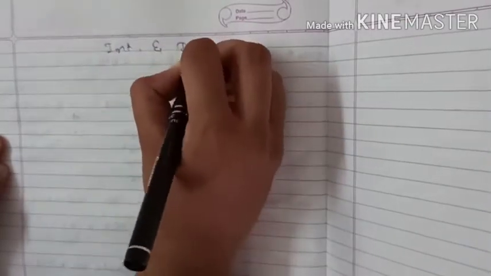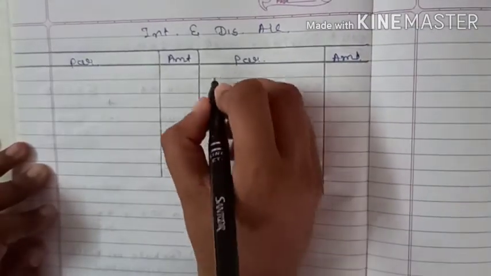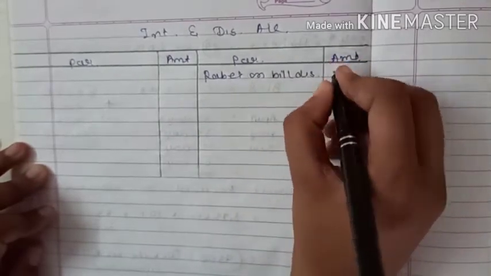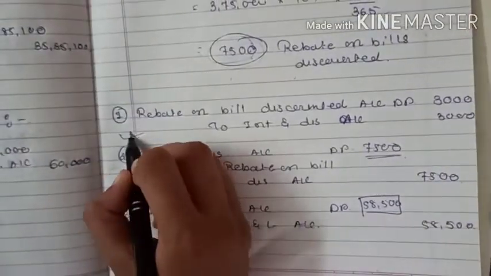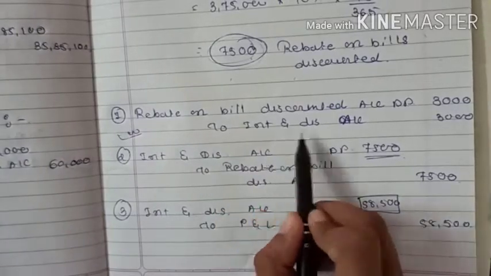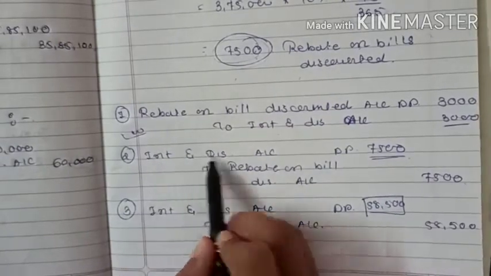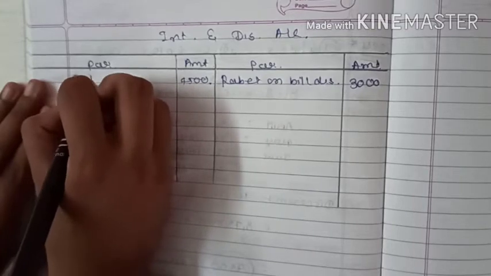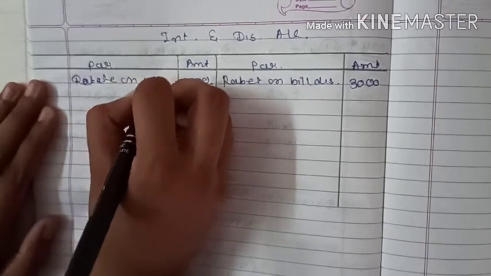Interest and discount account. Let's start with the opening balance. So rebate on bill discounted of rupees 3,000, and this entry was made from this journal entry. Right? In interest and discount account credit 3,000. Now on the basis of the second entry, interest and discount account debit 7,500. So we will debit the 7,500 on rebate on bill discounted.